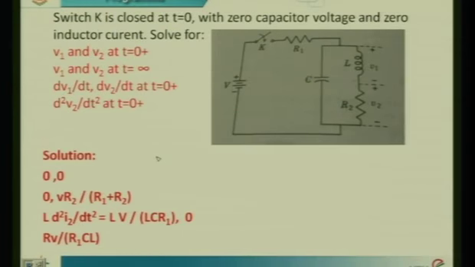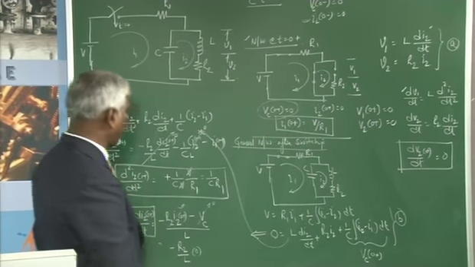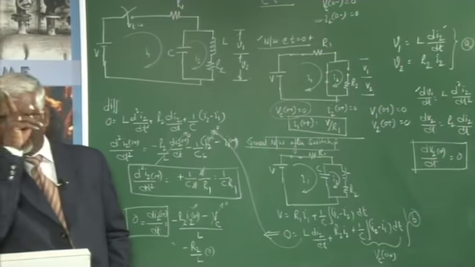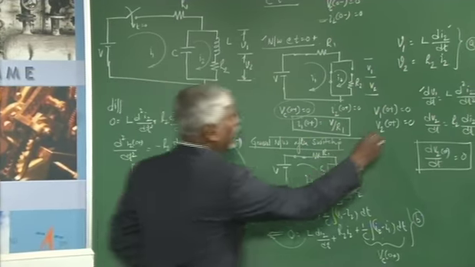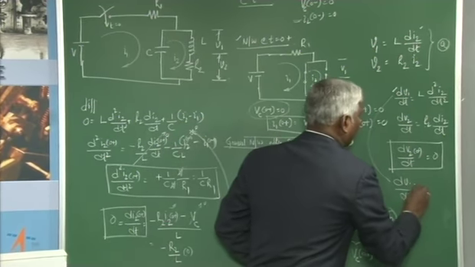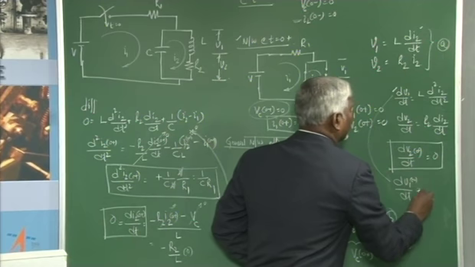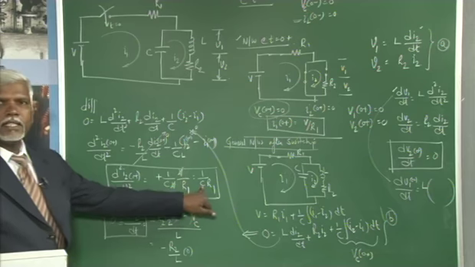Now, if you want to evaluate dv1 by dt, it is L into d squared I2 by dt squared. At 0 plus, L d squared I2 by dt squared is nothing but V by C L R1, which is V by C R1.